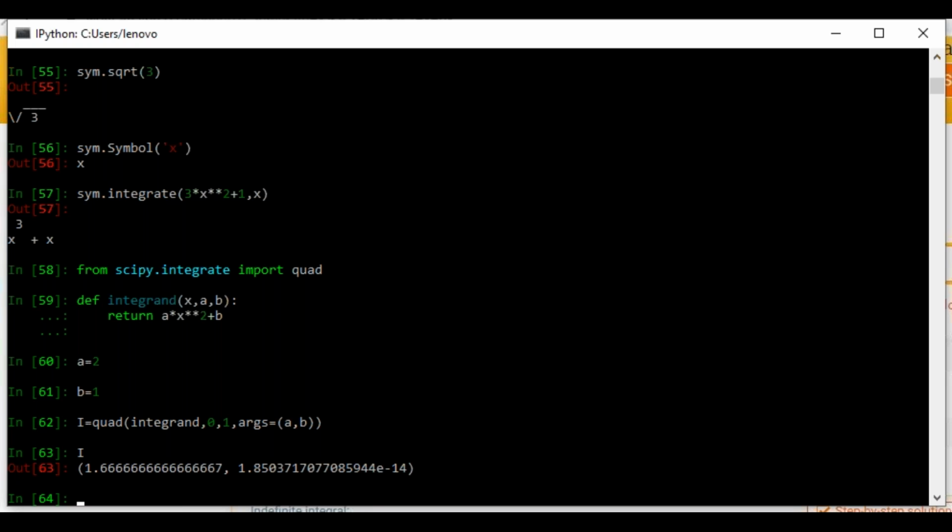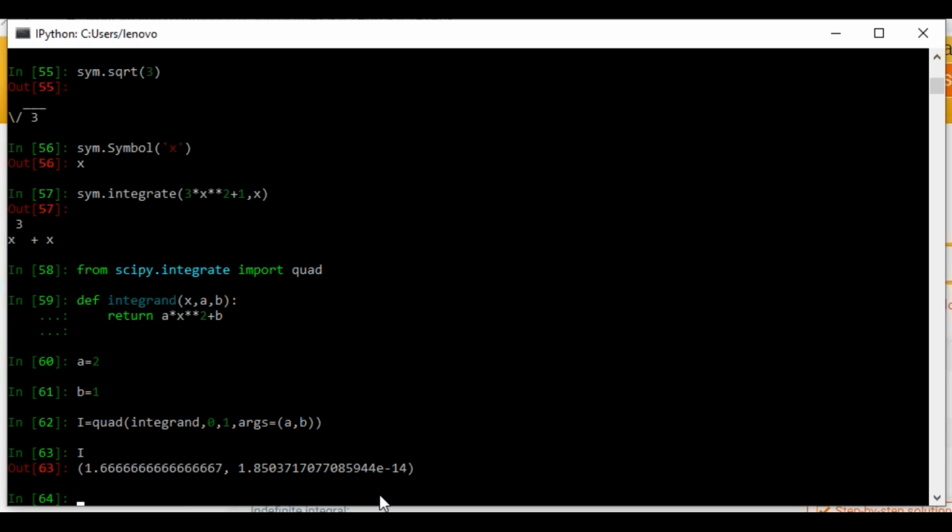Okay, here we have got the numerical solution to that integral. You can check: I equal to quad of integrand, 0 comma 1, args equal to a comma b. Here is the solution, and the second value is the error estimate, about 1.85 e raised to minus 14.